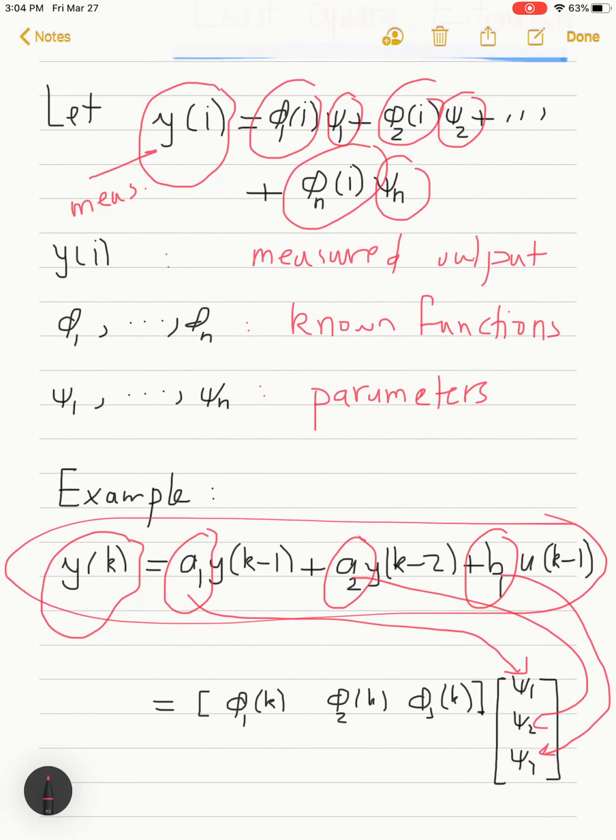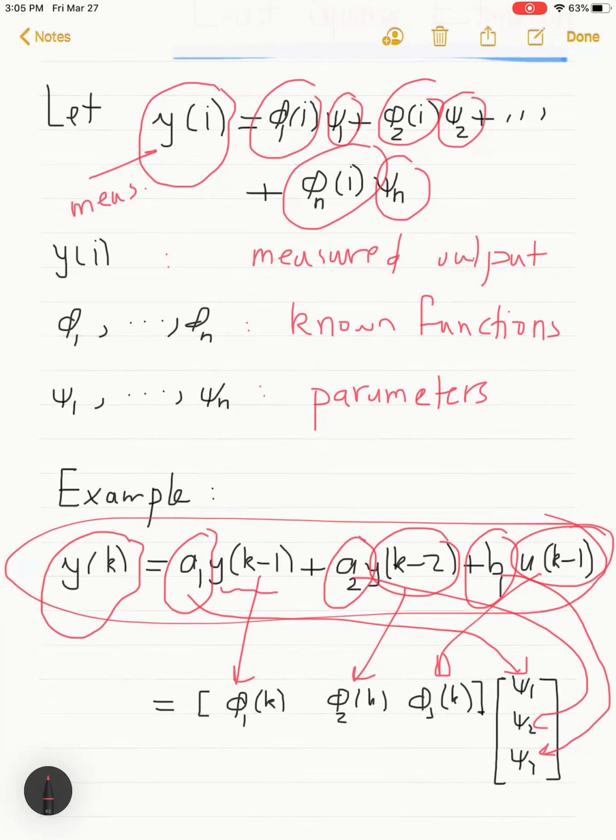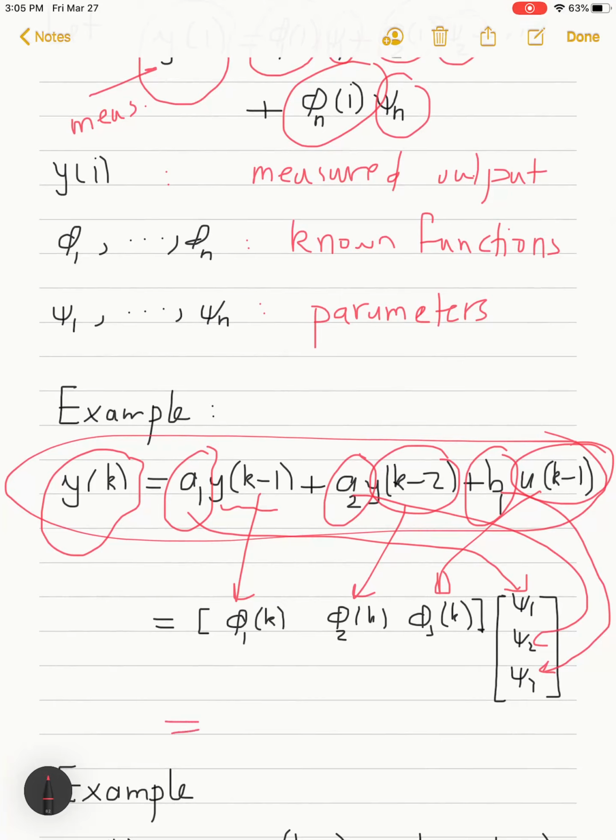While the known functions, which I refer to by the symbol phi in the definition, will be y(k-1), this is phi 1, y(k-2), this is phi 2, and u(k-1), this is phi 3. So this way I was able to write the equation of the system in the form of a certain vector phi transpose, which is composed of the known functions, times psi, which is the parameter.